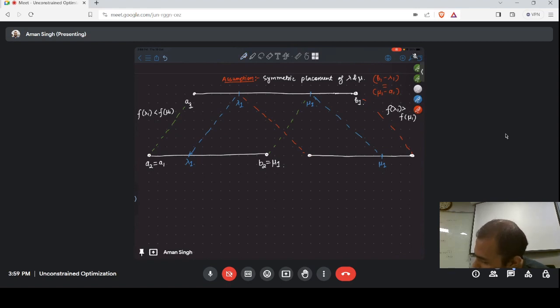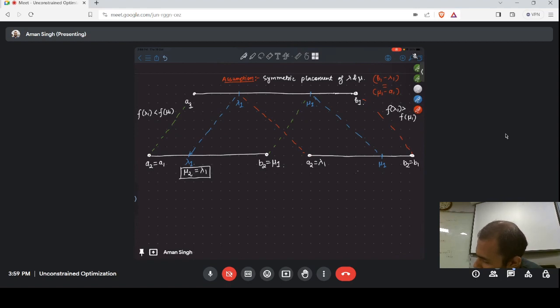So here also, if the second condition is true, then a2 is equal to lambda 1, b2 is equal to b1. Okay, one more assumption that we'll take, necessary for this condition, is we'll assume the new mu 2 to be equal to lambda 1.